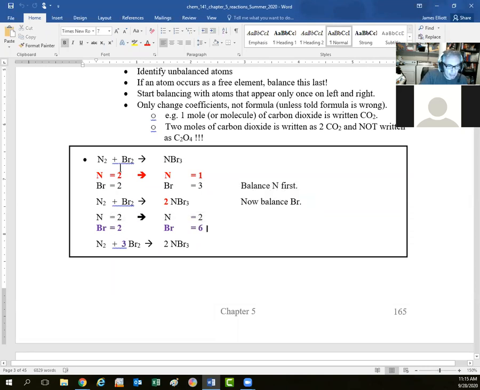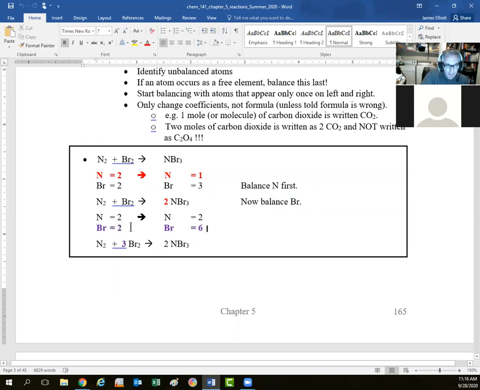To balance the bromine, which is now a 2 to 6 ratio, we need 6 atoms of bromine on both sides. You're either trying to pitch towards the higher of the 2 totals or the smaller of the 2 totals. Usually, you're trying to get everybody up to the higher total.